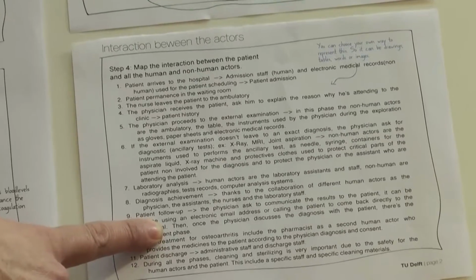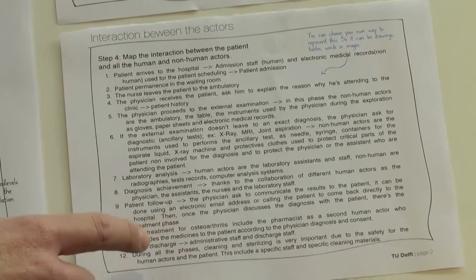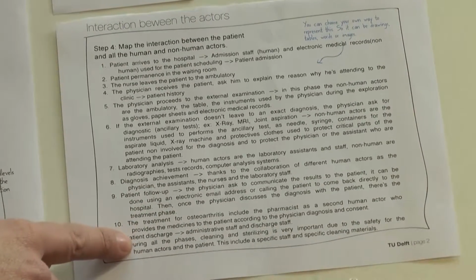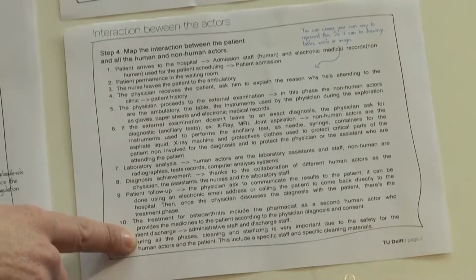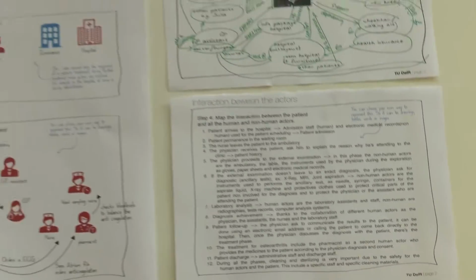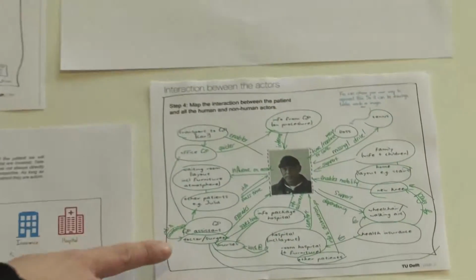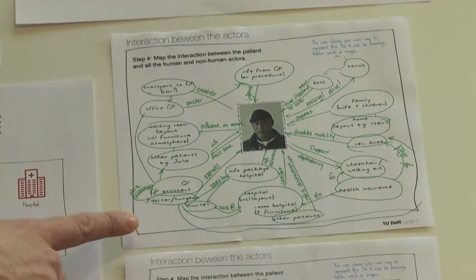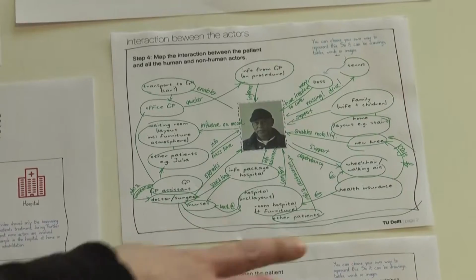You can also do it textual, and of course this is an example of a textual overview of actors. It's complete and it's very elaborate, but as you can already see here, it doesn't directly give an impression of how complex the system is that you are designing for. So we strongly advise to make your insights as visual as suits you.